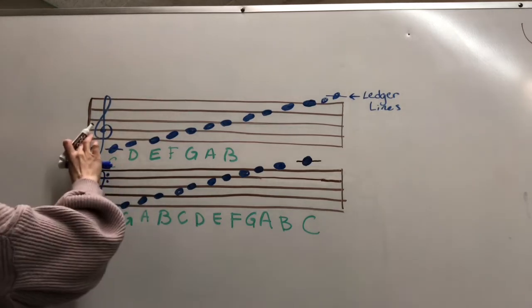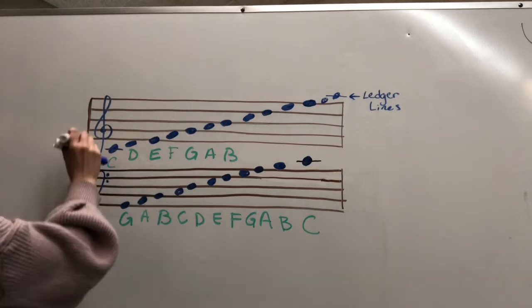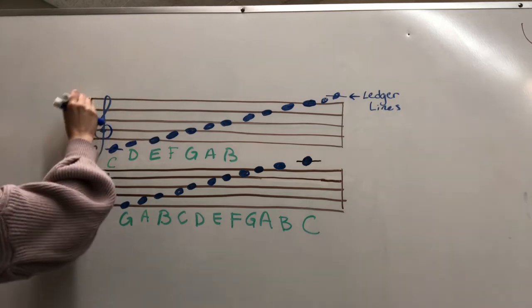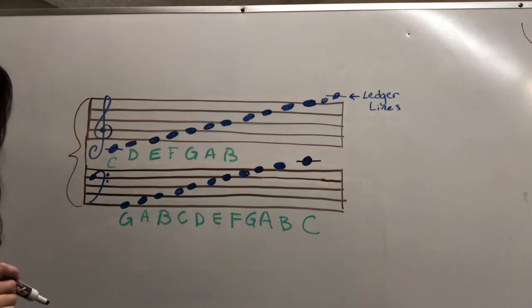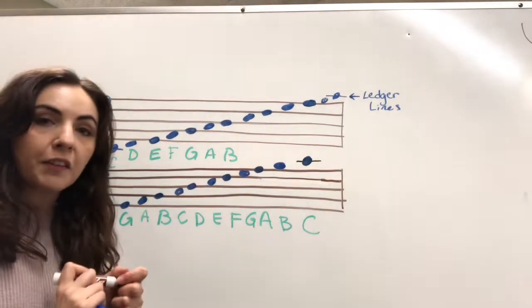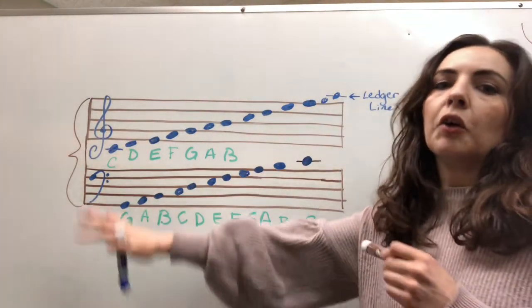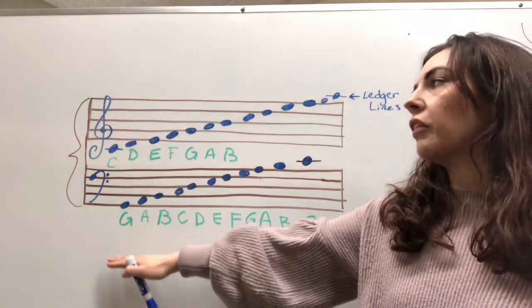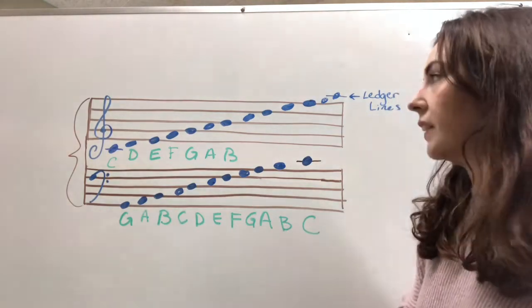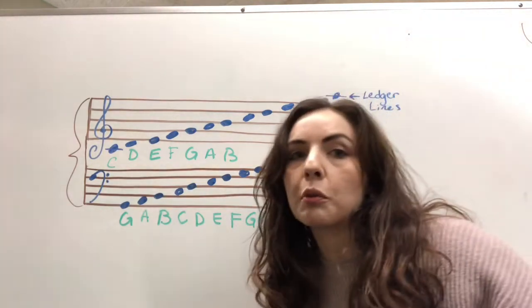And sometimes these staffs are connected also with one of these things. When we connect these two together, this is called the grand staff. So this is a word we want to remember.